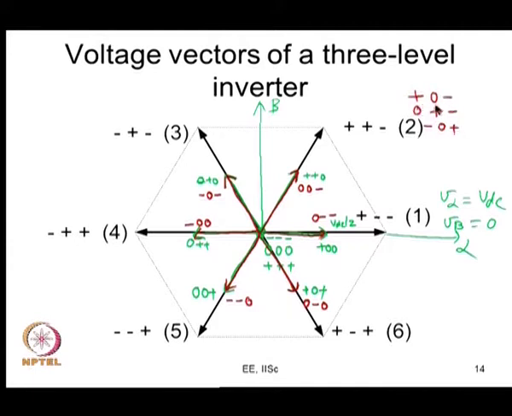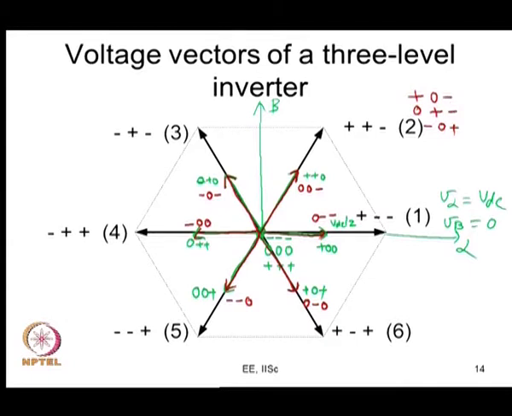If you look at plus 0 minus, VRY is equal to VDC by 2, and VYB is equal to minus VDC by 2, and VBR is equal to minus VDC. So this is VDC by 2, VDC by 2, this is minus VDC. From here you can calculate VR and VY and VB and V alpha, V beta, and you can come up to that. There are no issues, you can actually do it.